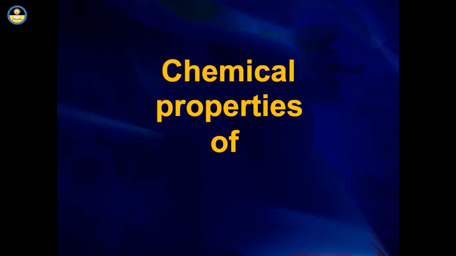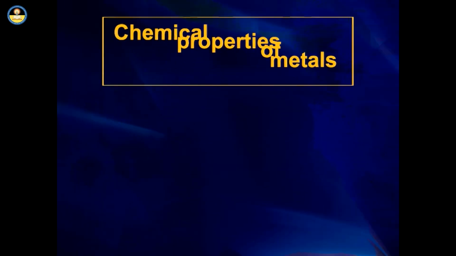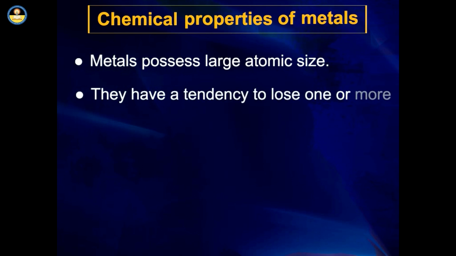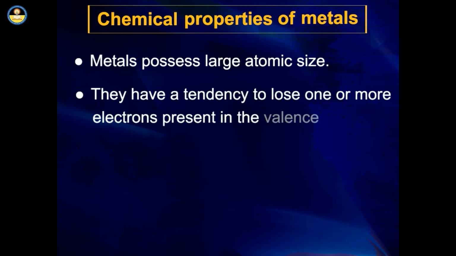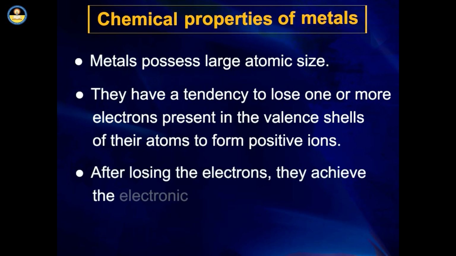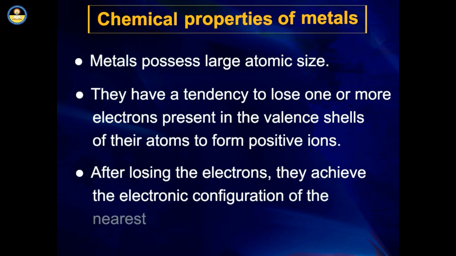Chemical properties of metals. Metals possess large atomic size. They have a tendency to lose one or more electrons present in the valence shells of their atoms to form positive ions. After losing the electrons, they achieve the electronic configuration of the nearest noble gas element.